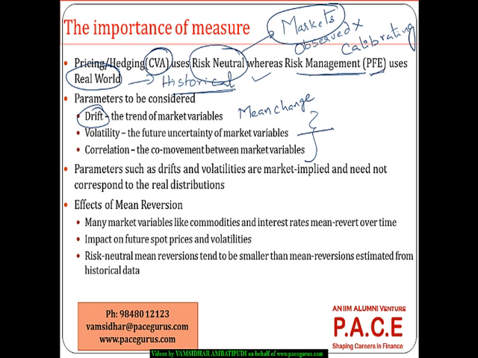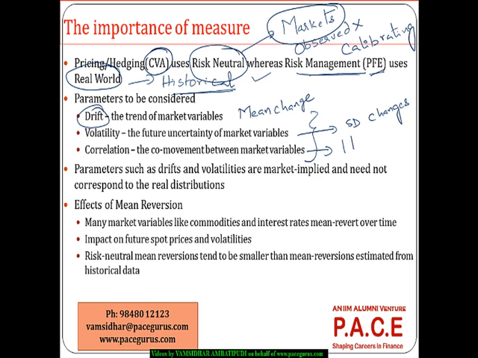Volatility is associated with the standard deviation. So is the volatility of that particular variable changing constantly? And the third dimension is correlation. Is the correlation between the two variables, the co-movement between the two variables, changing dynamically?